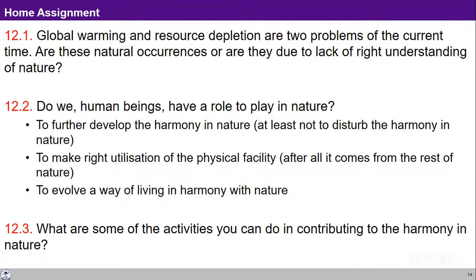Because of human intervention, we are causing the problems of resource depletion and global warming because of the lack of right understanding, not because of naturally occurring processes.